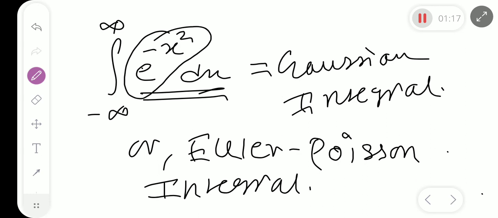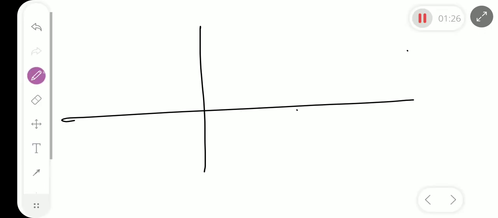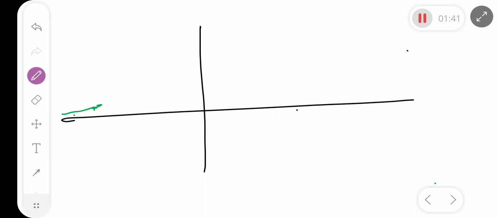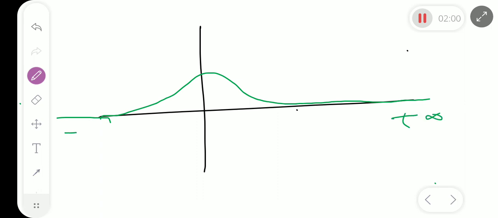The graph looks something like this, and it will extend more here, from positive infinity to negative infinity.